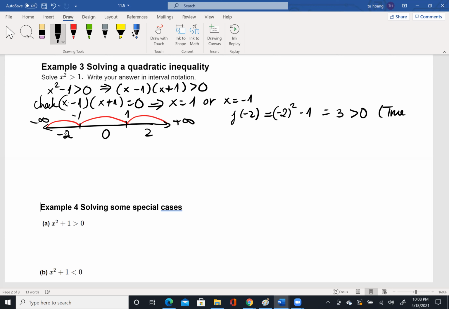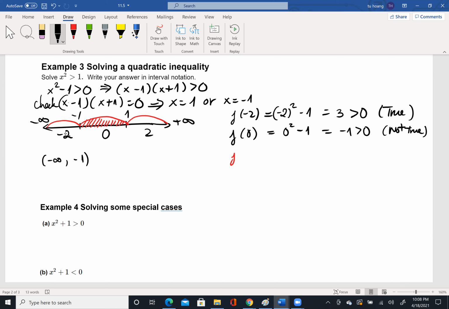That is true. Okay, so I take the interval from negative infinity to -1. And what about f of 0? I have 0 squared minus 1 equal to -1. Is that greater than 0? Not true. So since it's not true, I will just cross this one out. I'm not going to take this one.